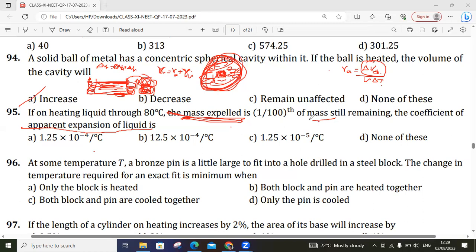If you consider total mass, they have given 1/100th of the mass still remaining. So if you take the mass still remaining as 1, then 1/100th of that is 0.01. So if 1 kg is inside, 0.01 kg has spilled out. So total mass was 1.01 kg. Density is equal to mass by volume. Mass is equal to density into volume. So into density we will do. With this much temperature, we will consider density to be almost constant.